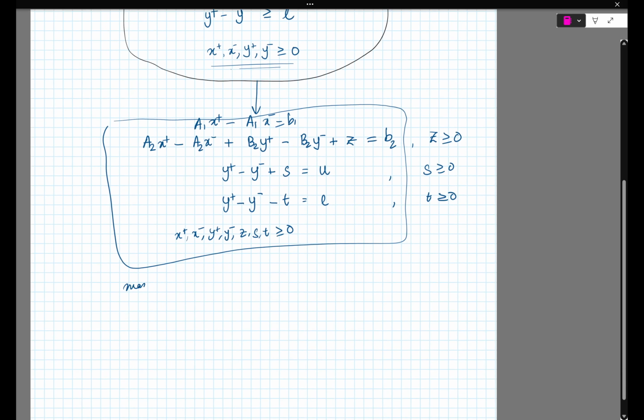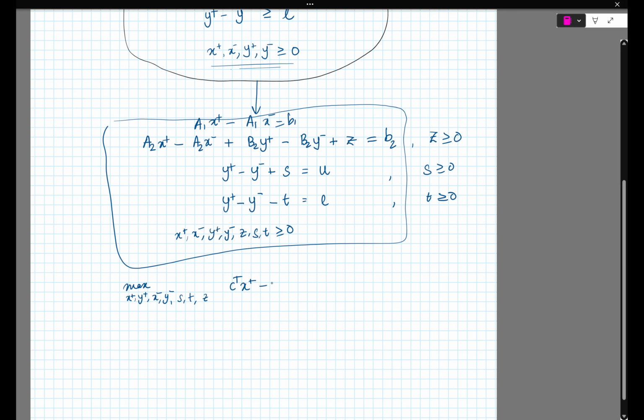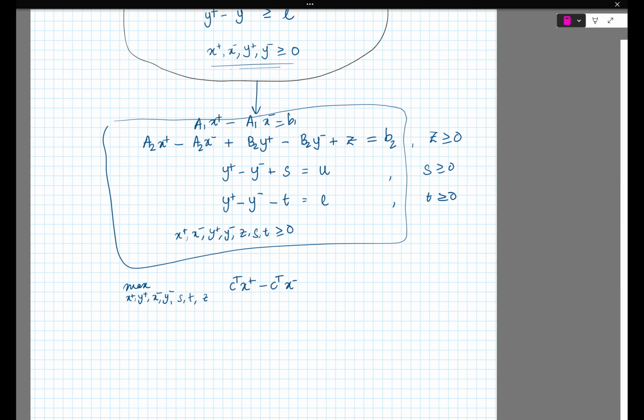So basically max of C transpose x plus minus C transpose x minus plus D transpose y plus minus D transpose y minus. Okay, this is your objective.